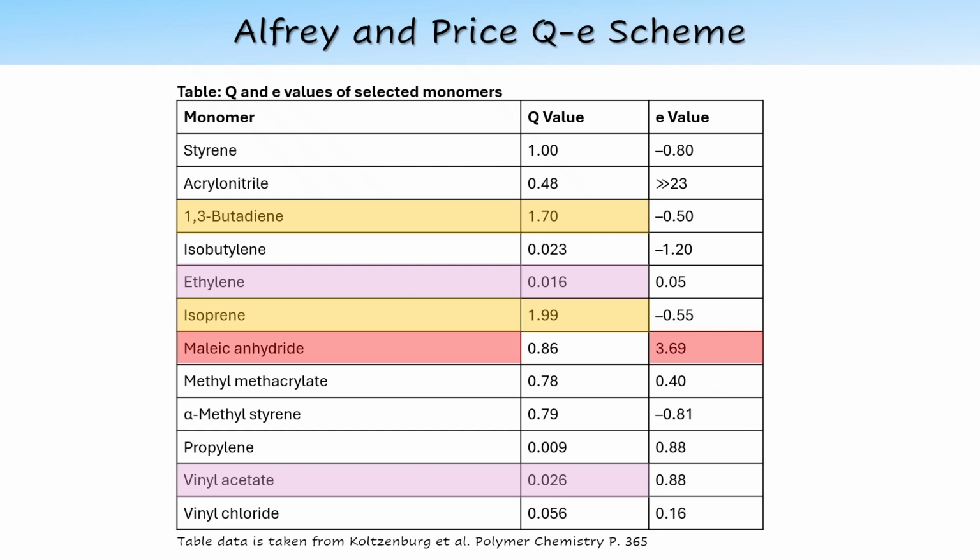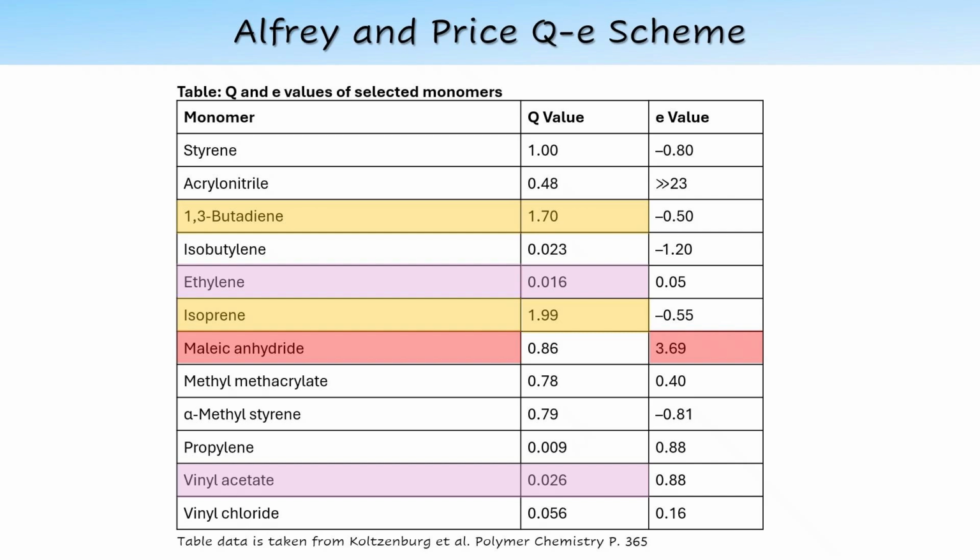We can notice here the extreme E value for maleic anhydride, 3.69, as maleic anhydride contains two carbonyl groups directly attached to the double bond. These groups pull electron density away through negative inductive and negative mesomeric effects.